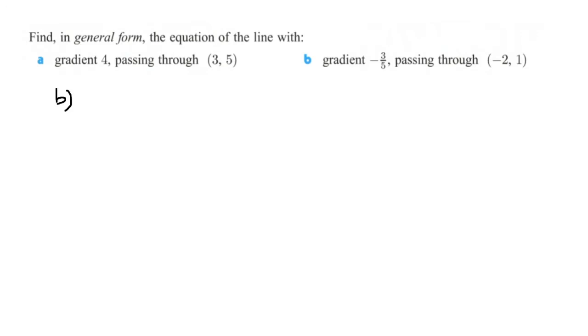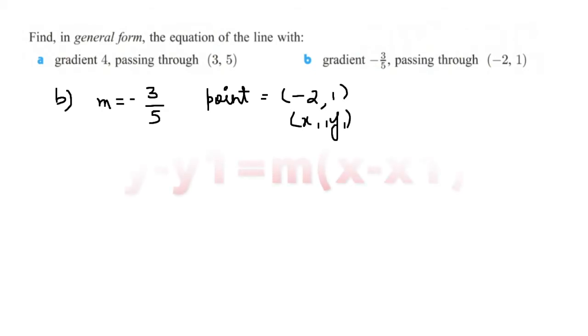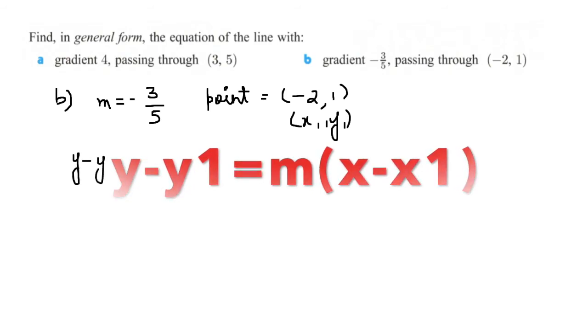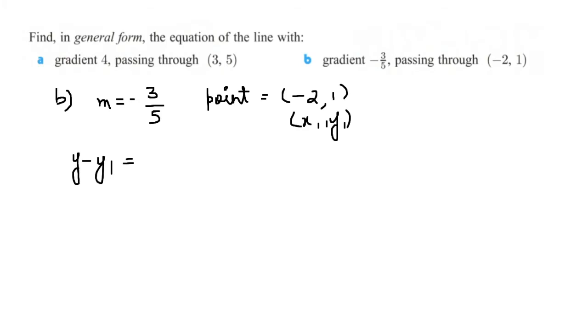Now the second part. Find in general form the equation of the line with gradient minus 3 by 5, passing through the point (minus 2, 1). I can also call it x1, y1. I will be using the formula y minus y1 is equal to m times x minus x1.